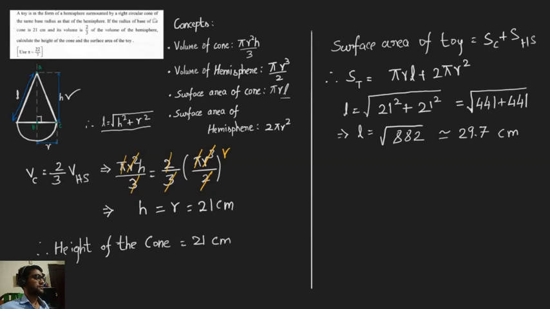Now let's use this value of L in our ST formula. Therefore, surface area of toy ST is equals pi value is 22/7 into r 21 into 29.7 plus 2 into pi value 22 by 7 into 21 square.